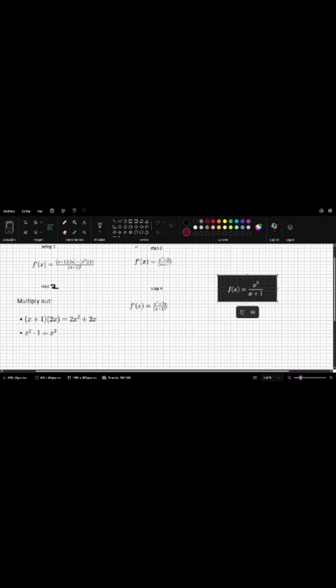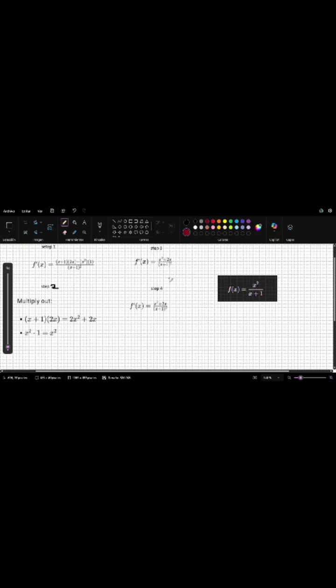Step 3, expand and simplify. x plus 1 times 2x is 2x squared plus 2x, minus x squared times 1, which is x squared.